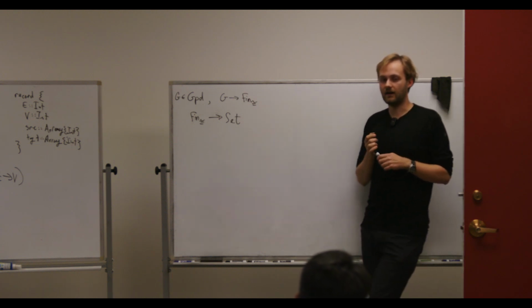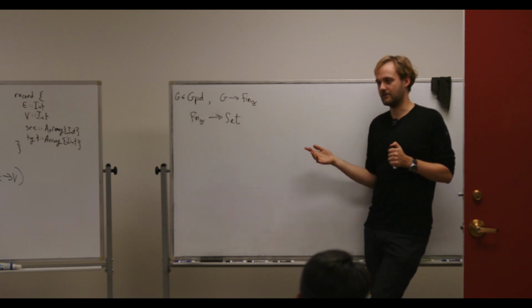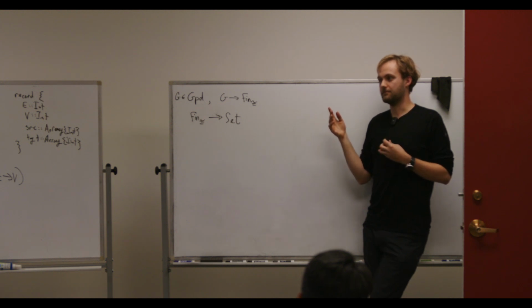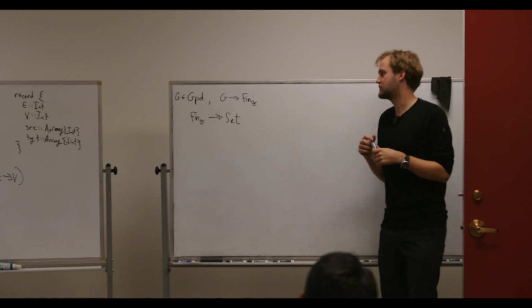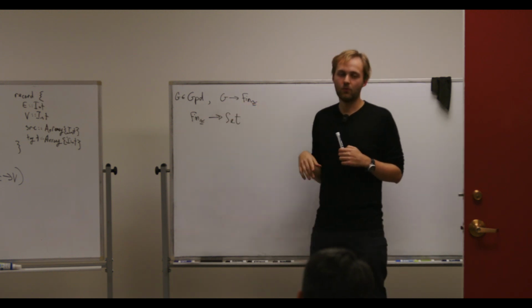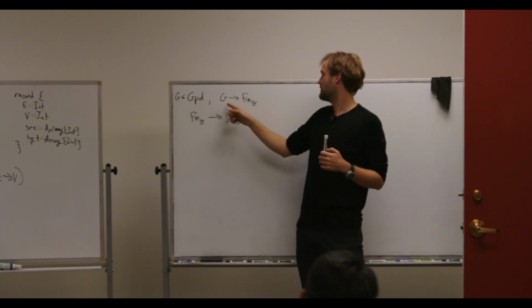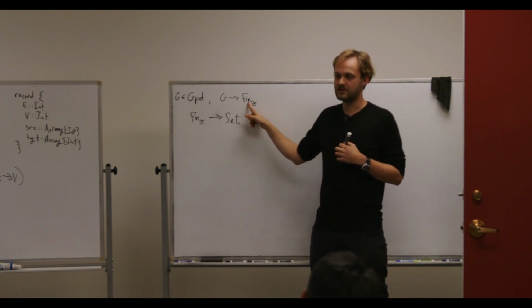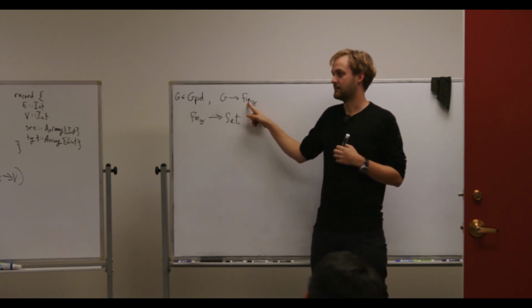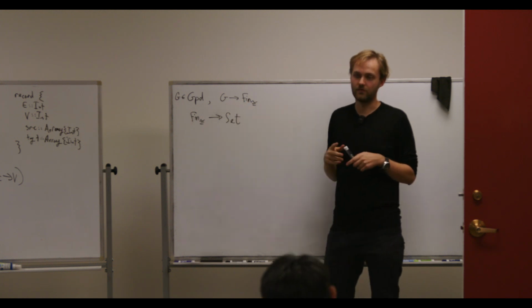So the innovation of Baez and Dolan was to say, okay, what if it wasn't a fibration? What if in fact it was just a general morphism?